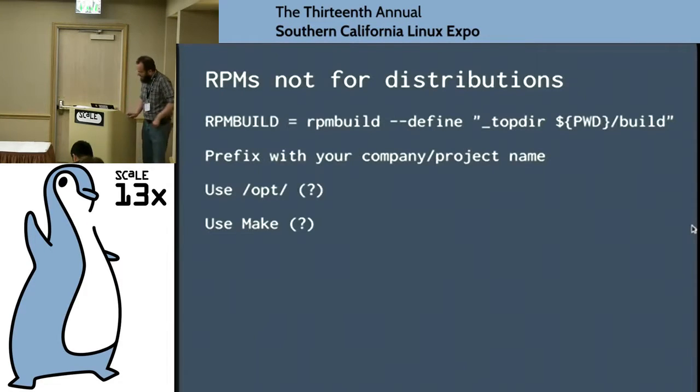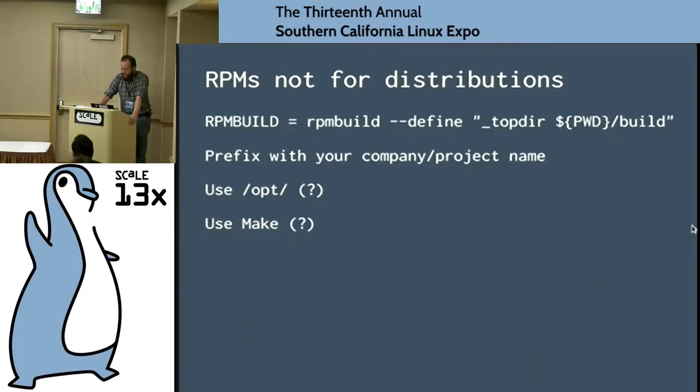So when you're not building for a distribution, you have the options of building packages in a non-distribution friendly way. So Spot from the Fedora project is not here, so I can say go ahead and define RPM build to be RPM build with topdir is your current working directory /build.